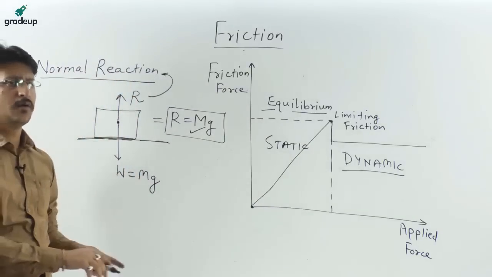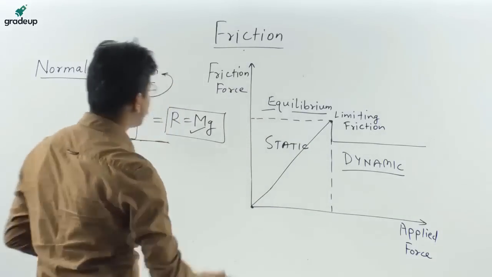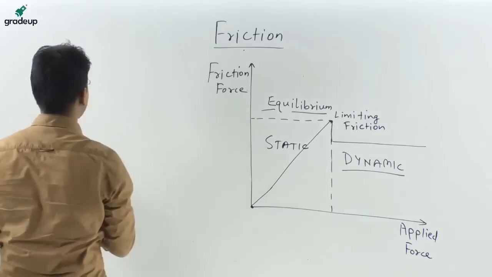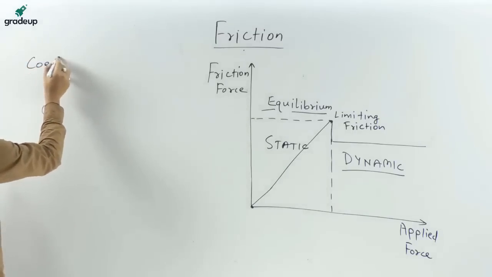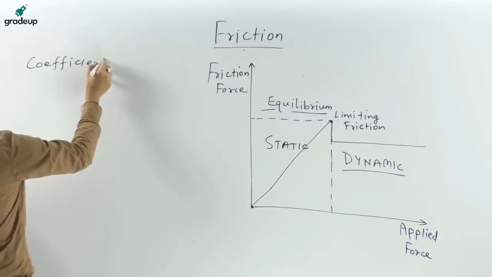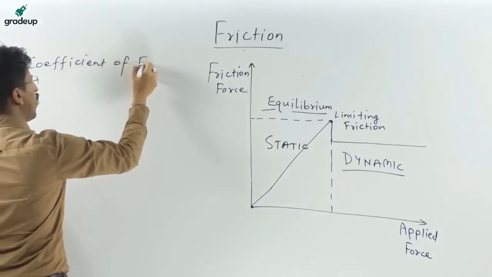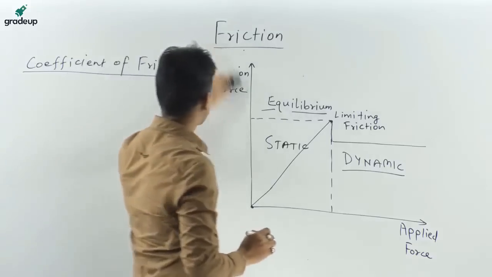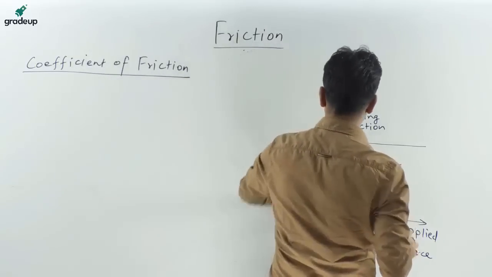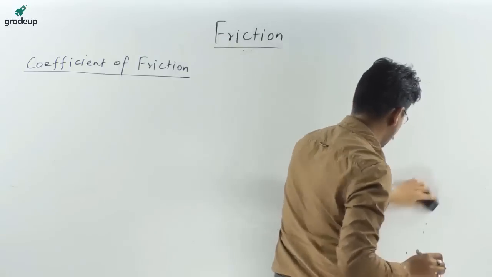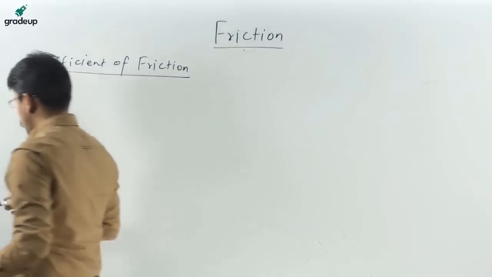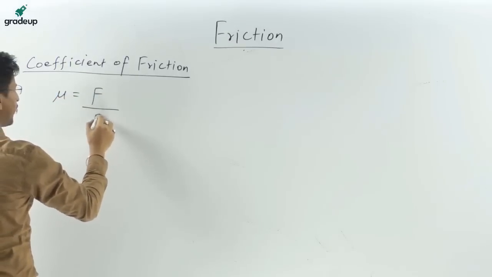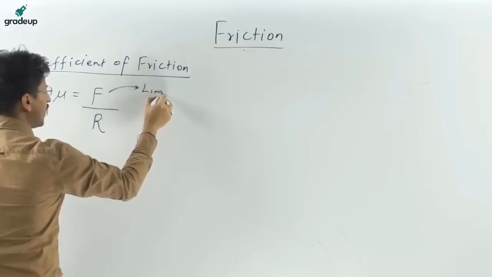Got this? Now we will see one more important term, that is known as coefficient of friction. Coefficient of friction is defined as the ratio of limiting friction to the normal reaction.